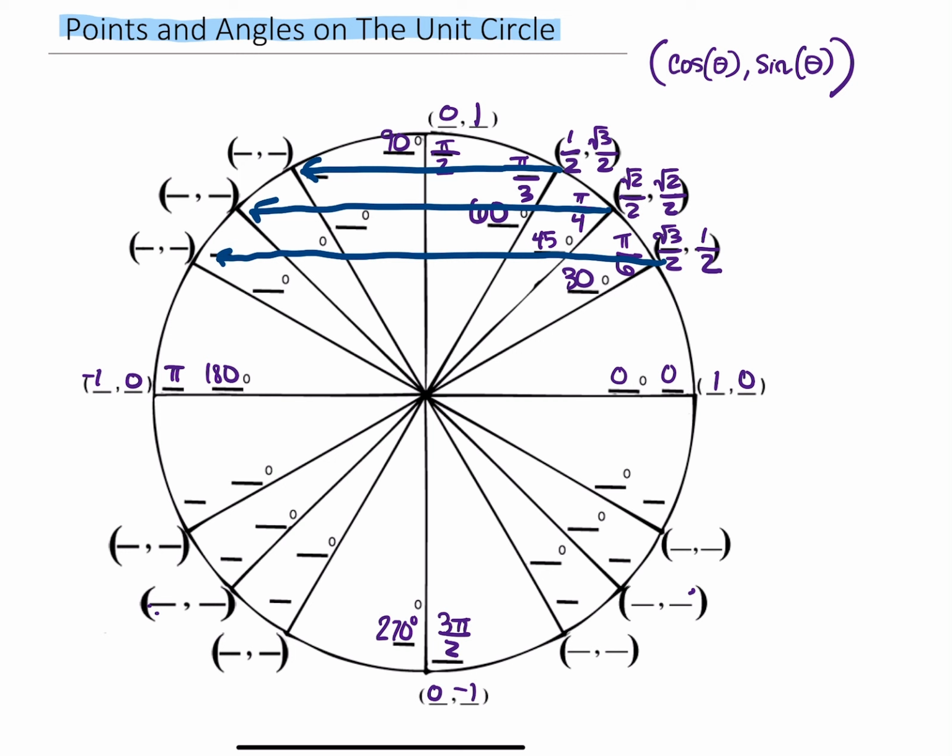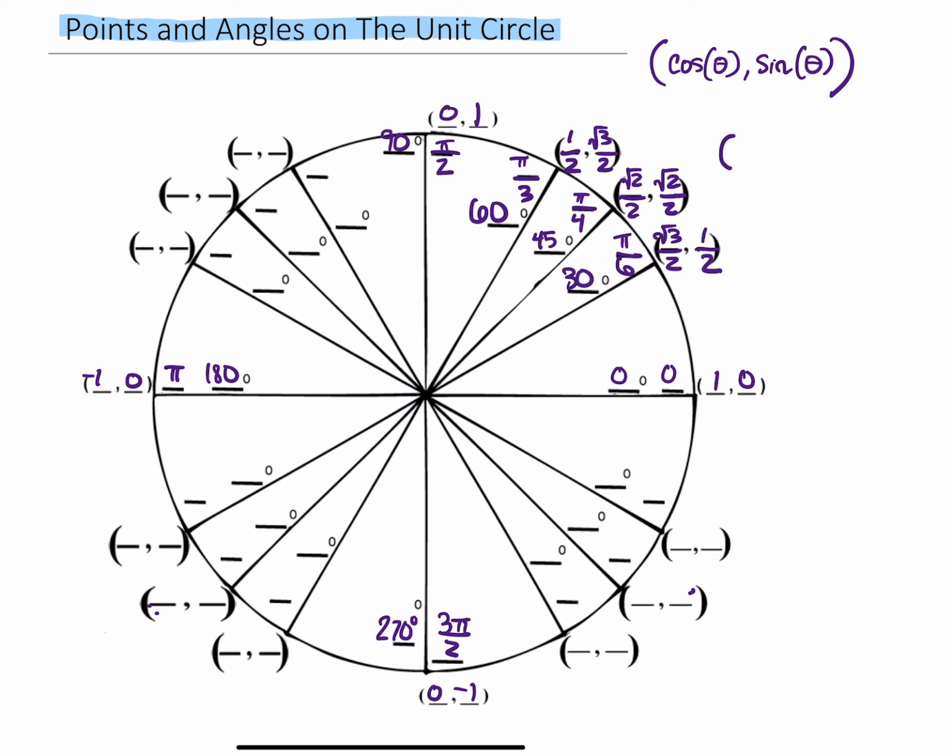And if it's symmetrical around here, it would be the same distance just in the negative direction. So they must have the same x value, but the value will be negative instead of positive. Just think about if you were plotting a point in each quadrant, and what would be positive, what would be negative.